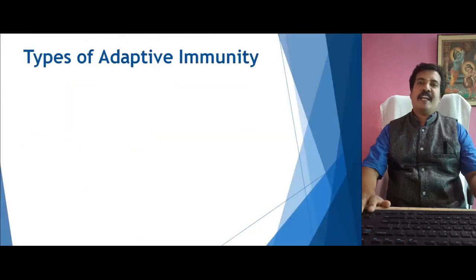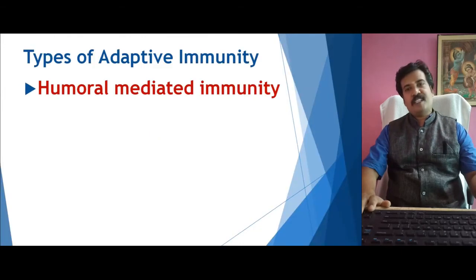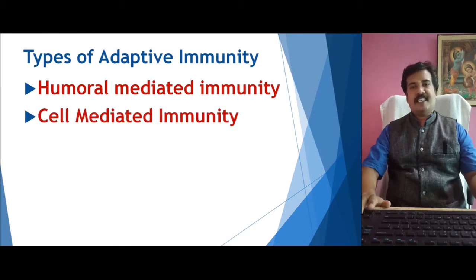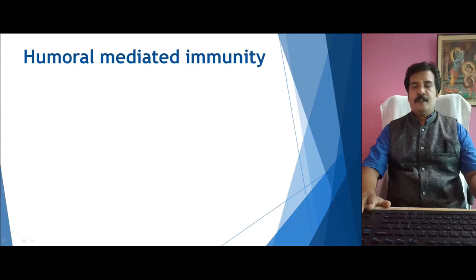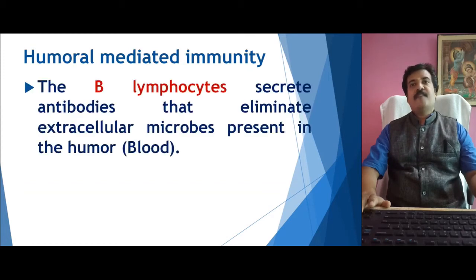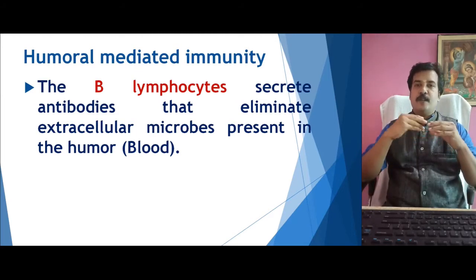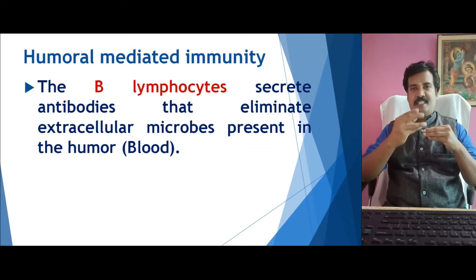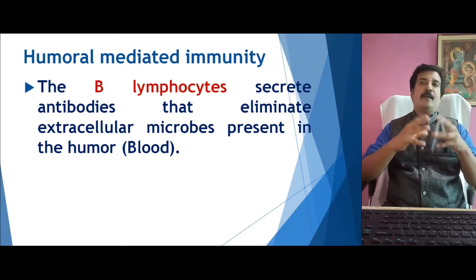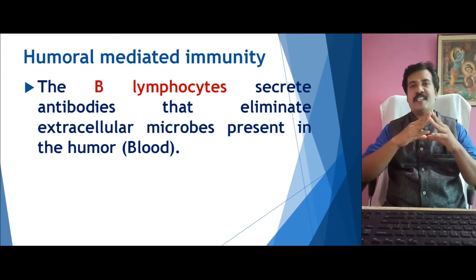Adaptive immunity can be further classified into two types: humoral mediated immunity and cell mediated immunity. What is meant by humoral mediated immunity? If the foreign substance, the antigen, is extracellular in nature, that means outside the cell, the only part present outside the cell is the blood.